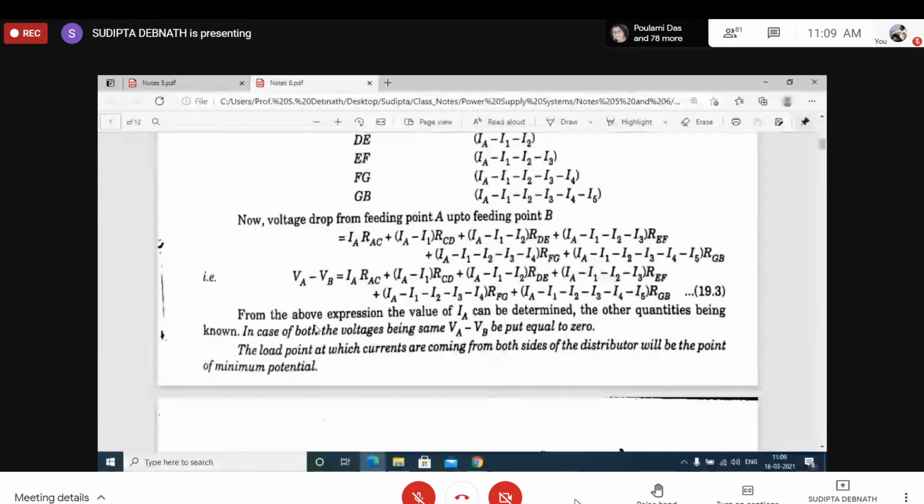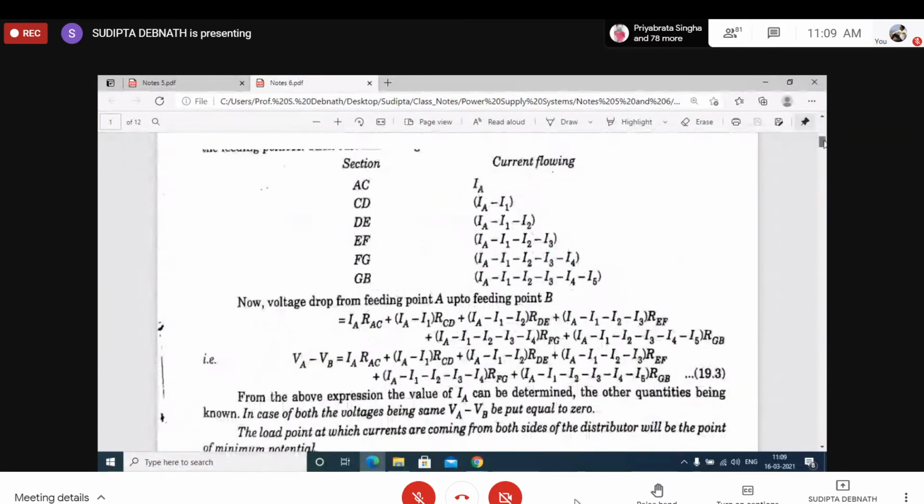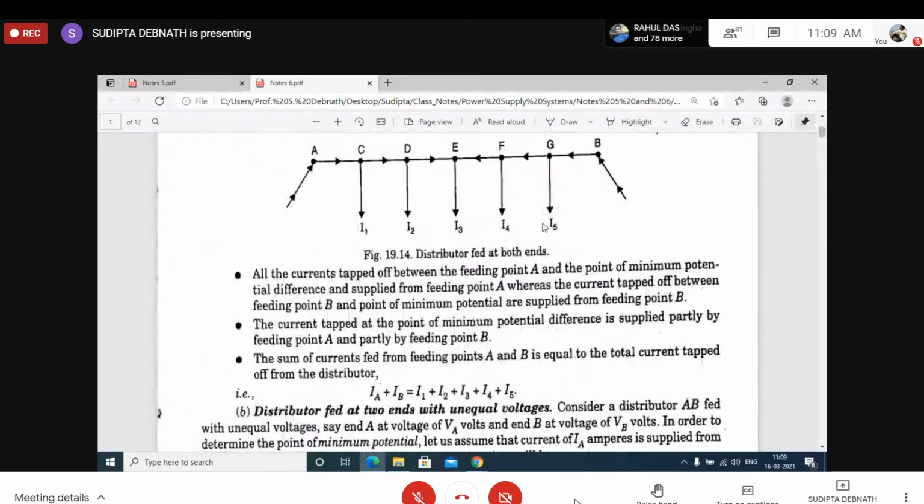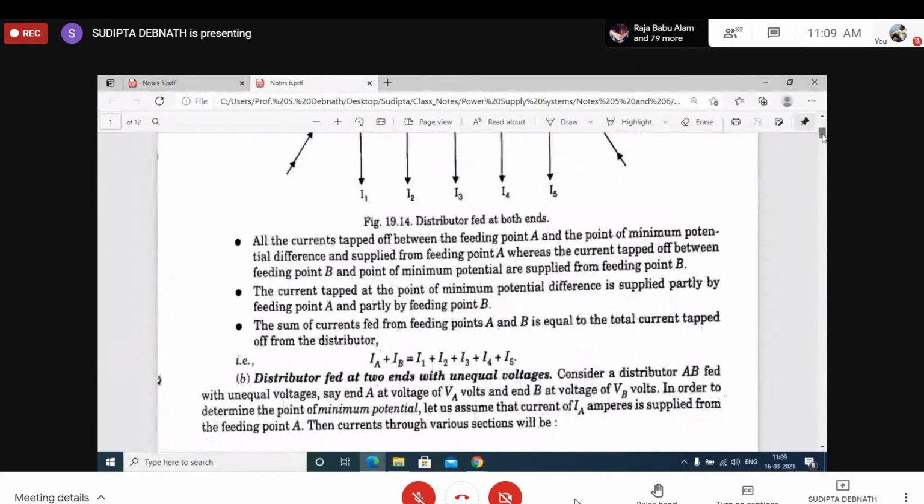One equation, you will get IA plus IB equal to the summation of all these load currents. Another equation you will get after finding out the voltage drops in different sections and equating it to VA minus VB. Okay, simple. Whether the feeding end voltages are equal or different, it will not matter.